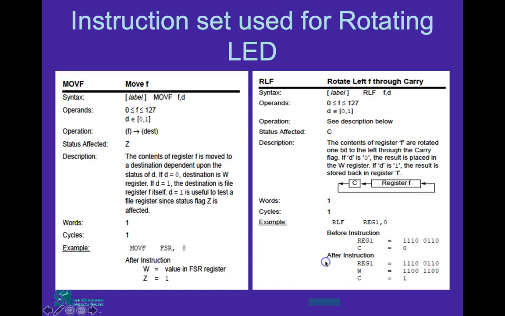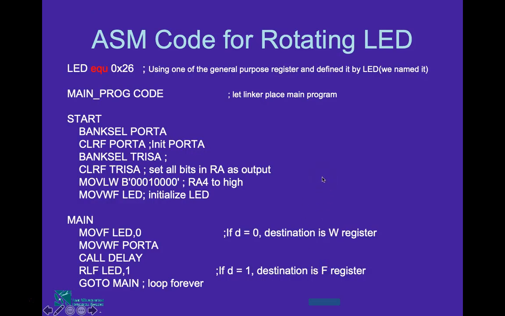in our program. So now directly jumping into the program, this is the main code for rotating LED. Let me walk you through this code. We have used this general purpose register, and we are going to see where we are going to use this. This is my main program, start. Starting with bank cell select port A, clear F port A: if there is anything in the port A, we are going to clear that up.